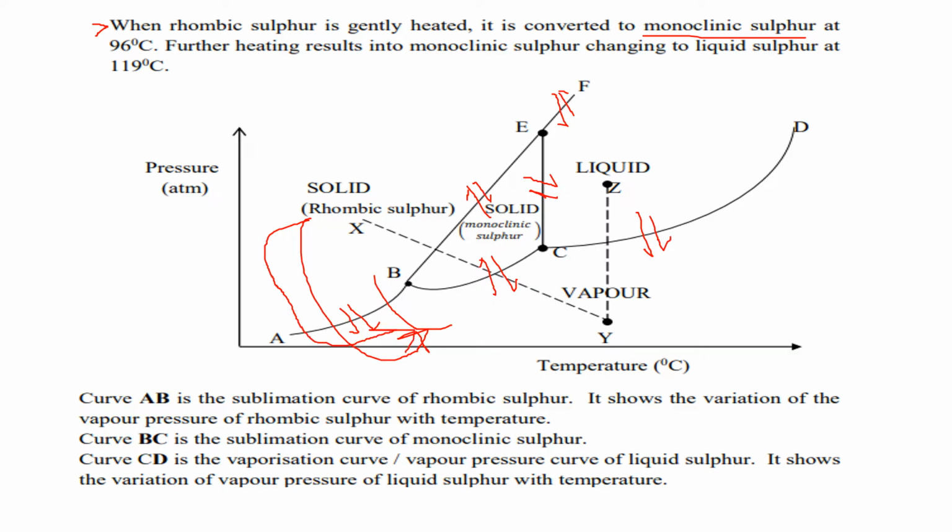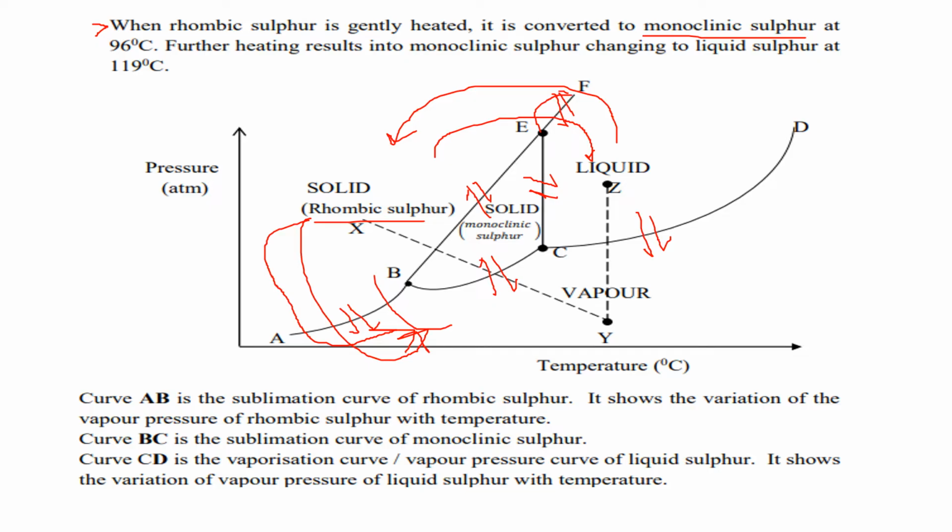And if you look at curve EF, it is from solid rhombic sulfur to liquid sulfur. Since it's from a solid to liquid, or it can be from a liquid to solid, it can either be the melting point curve of rhombic sulfur, or another student can say it's the freezing point curve of rhombic sulfur. So that's curve EF from here up to here.